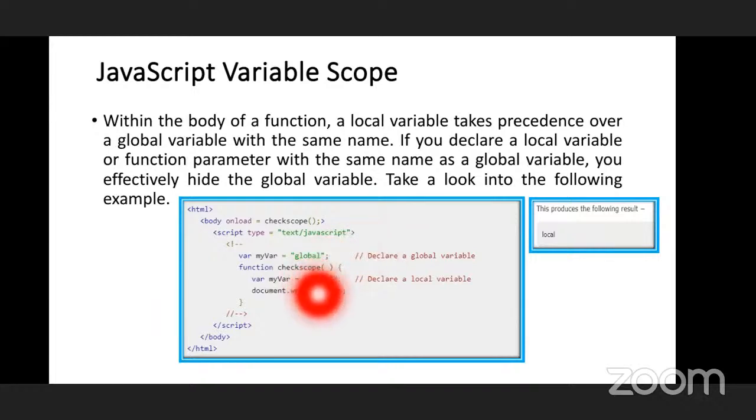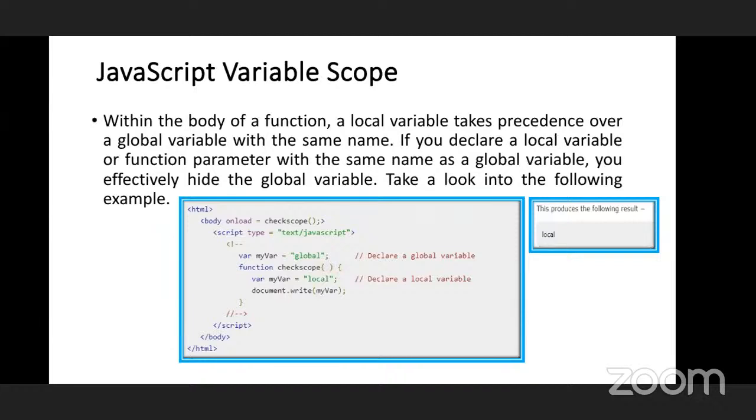Within this function body, that is called a local variable to that function. If you print the value using document.write myVariable, it will print the local variable value. What value are we assigning to the local variable? Local itself. For better understanding, we use the same words to show what is local and what is global.